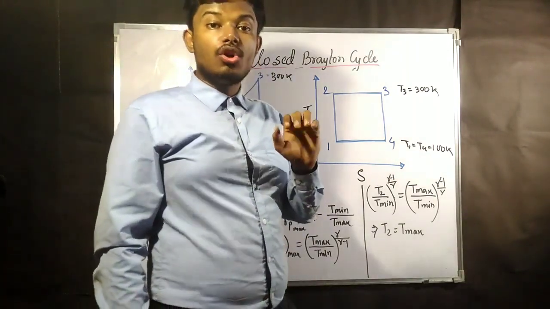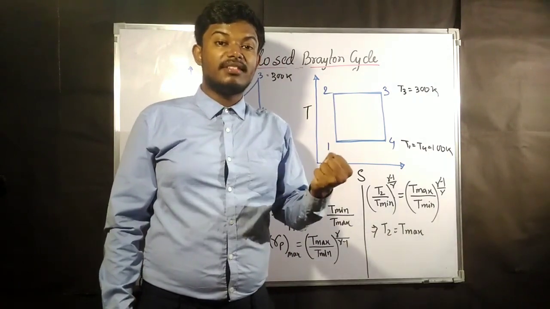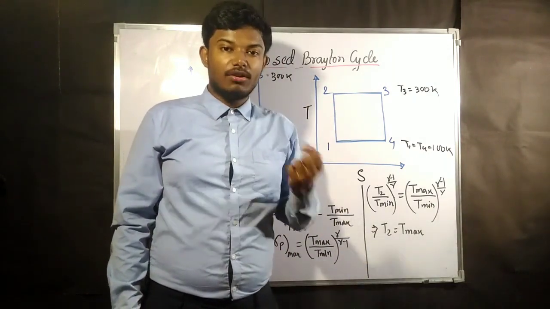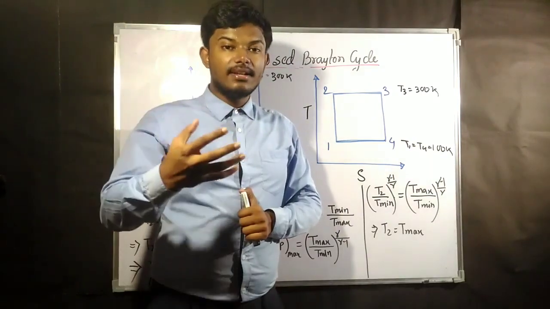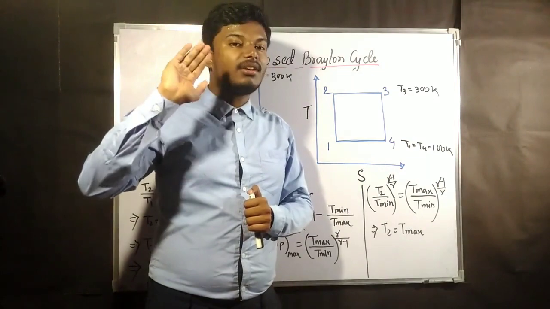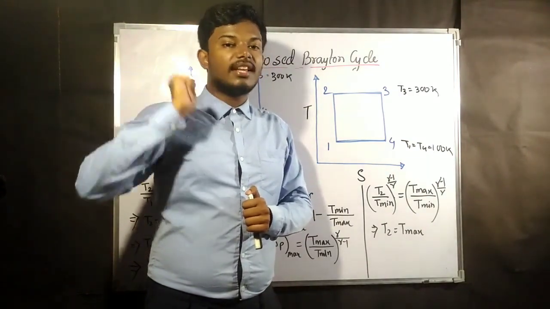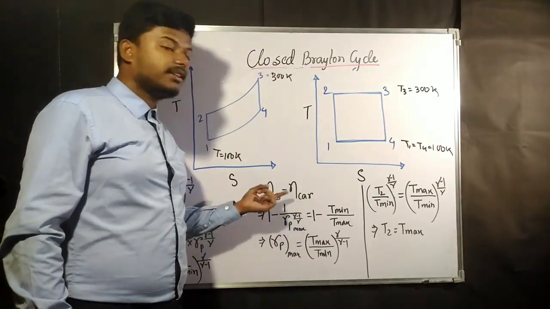So to find out the maximum efficiency given by the Brayton cycle, up to what extent the efficiency of the Brayton cycle can go, the maximum level it can go is the Carnot cycle efficiency. That is the reason we equate these two.